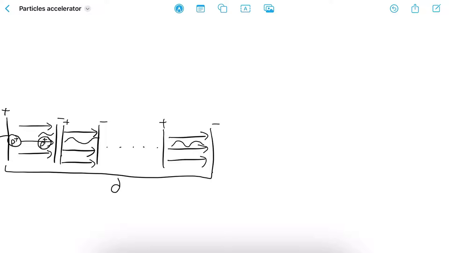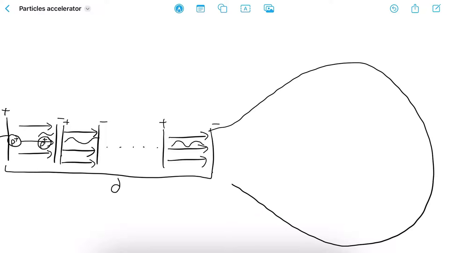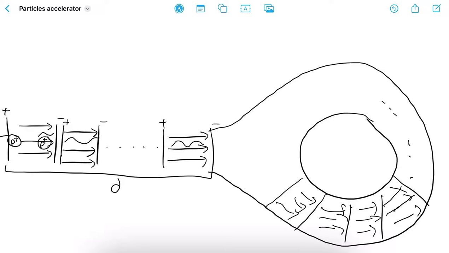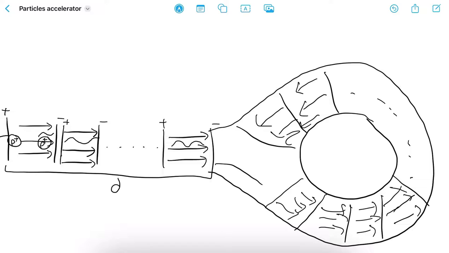And if we draw the circle, and we put a section of electric field inside the circle, and this loops around until it gets back to itself.